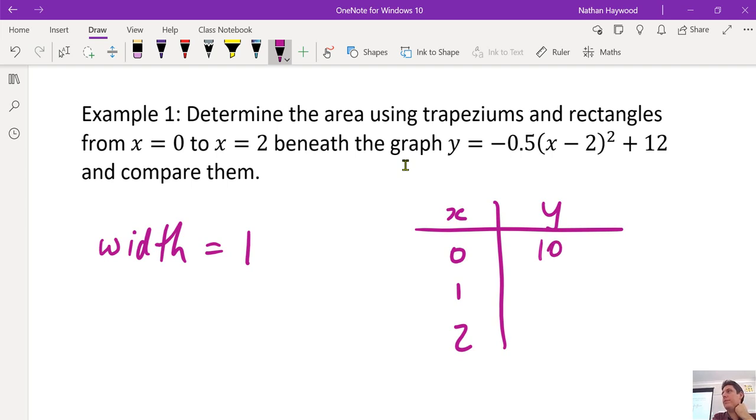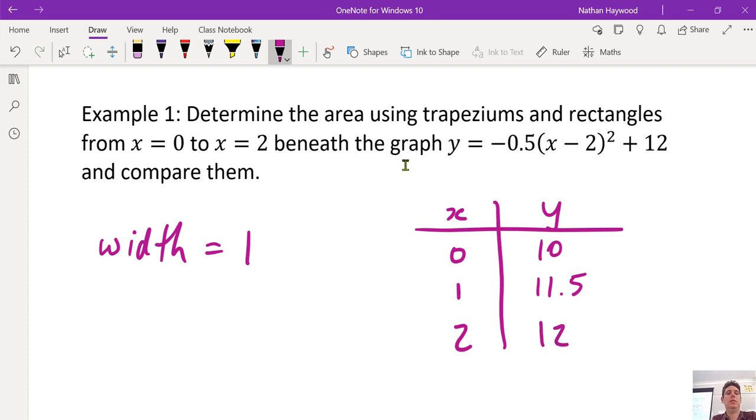Yeah. Good job if you got that in your head. 1 minus 2 is negative 1 squared is 1 times a half. What's this one? And then this one, 2 minus 2 is? 0. So that's 0.